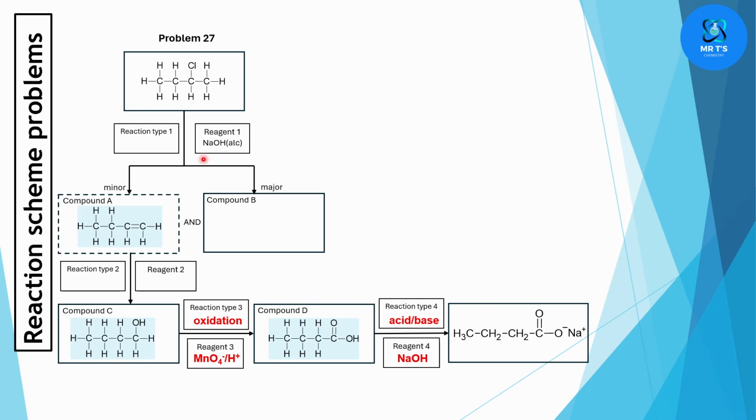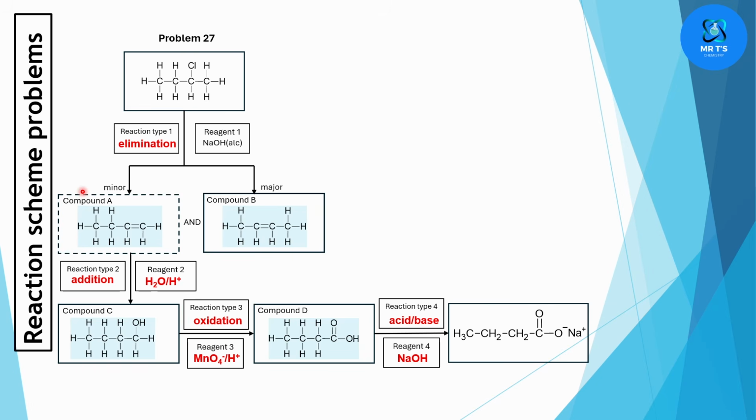So for the minor product, we take the hydrogen away from the adjacent carbon that has the most, because that's less likely to happen. For the major product, we took the hydrogen away from the one that had the least, by Zaitsev's rule, and then we took away the chlorine and made this double bond. Now this is an elimination reaction.